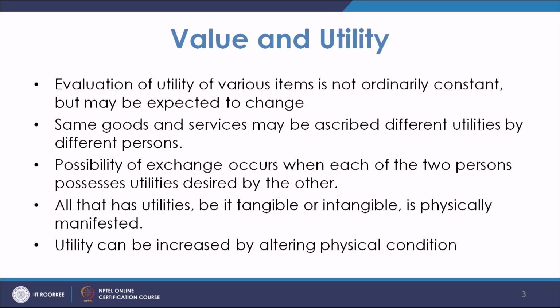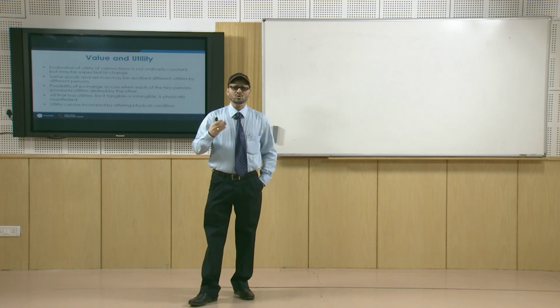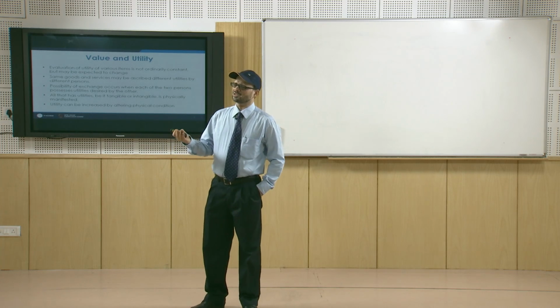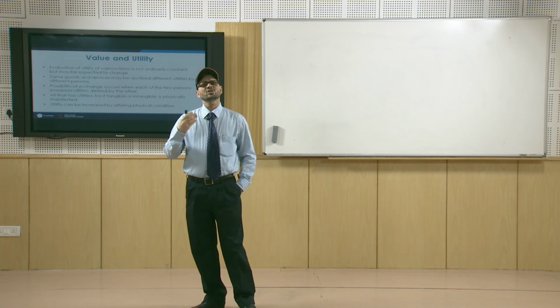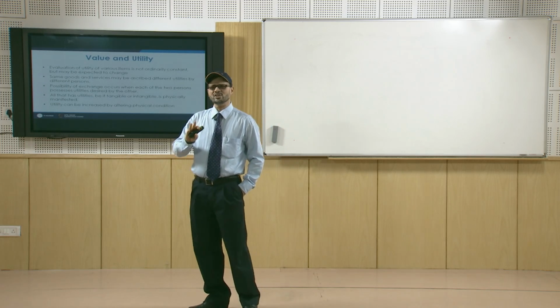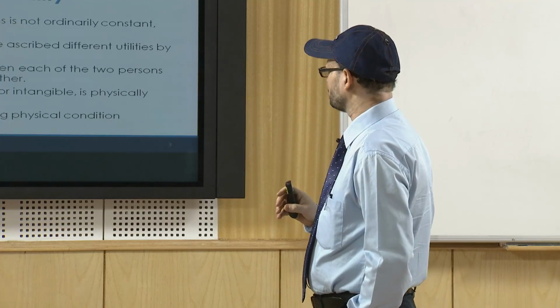Further, the same goods and services can have different utility for different persons. The same goods to which I give more utility, another person may not give that much utility or importance. So, that is why utility changes from person to person.